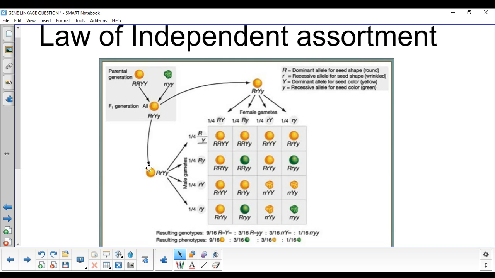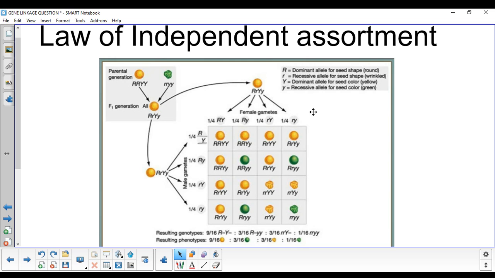So if we have two parents that are heterozygous for pea shape, round, and pea color, yellow, so they carry alleles for the wrinkled shape and the green color, that means that the probability of inheriting pea shape is independent of the probability of inheriting color, which means that it is equally likely for this parent to give both dominant alleles or one dominant and one recessive allele to their offspring.